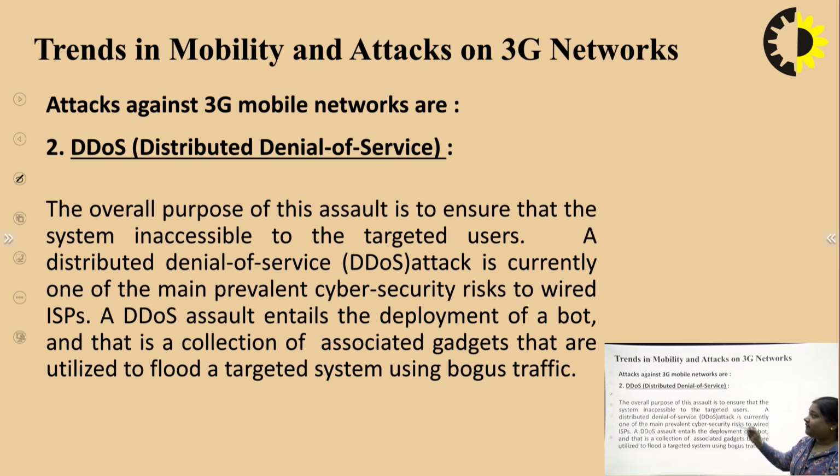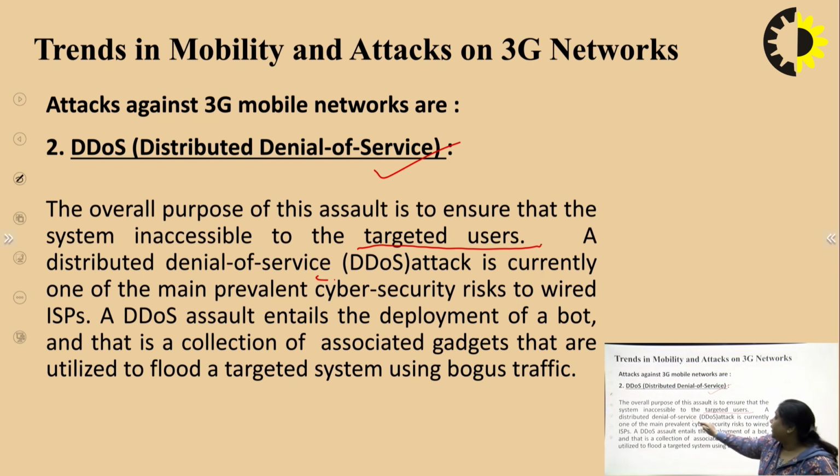Now next we have the DDoS, distributed denial of service attack. In this attack, the overall purpose of the assault is to make the system inaccessible to the targeted users. When a user makes a request to the server, a number of unwanted requests are also going to the server.